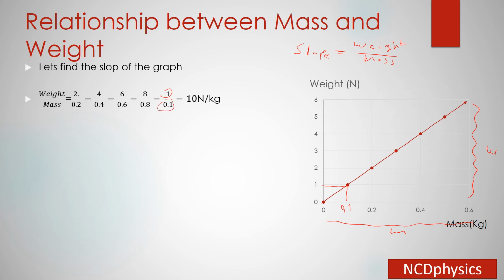Then I select a mass of 0.2 kilogram, which is equal to 2 Newton. Then I select 0.4 kilogram, which is equal to 4 Newton.